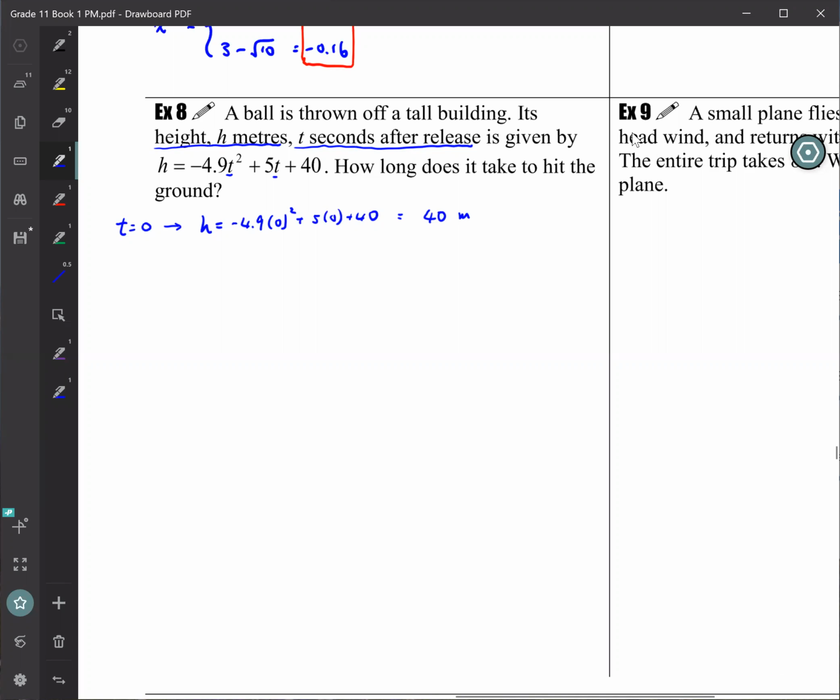So let's calculate one more height. After, let's say, 1 second later, can all of you try it out? Sub in 1 into the time. When you get the answer, please raise your hand. Put 1 into the t.